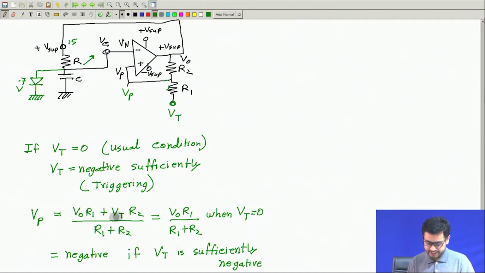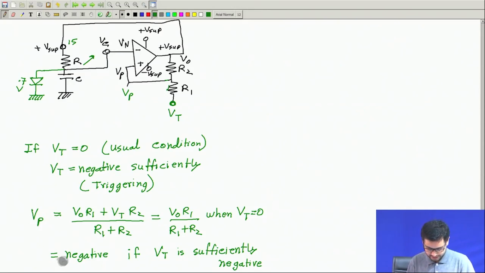So, if this is negative, then even if this is positive, if this is large enough compared to this, then the total combination can be negative. And when Vp is negative, then this is lower than Vn.